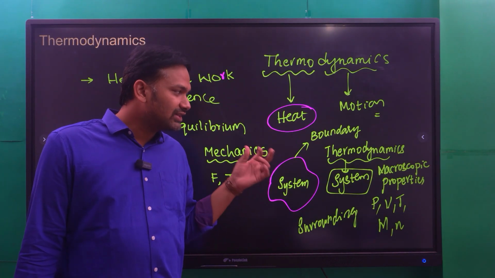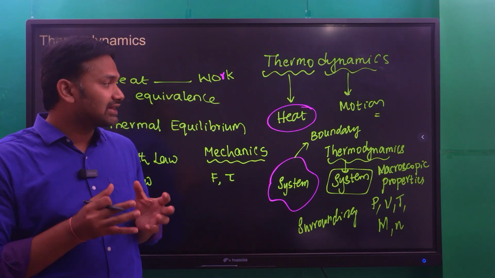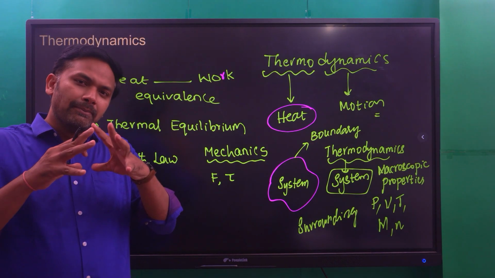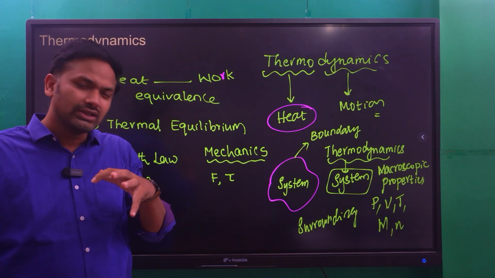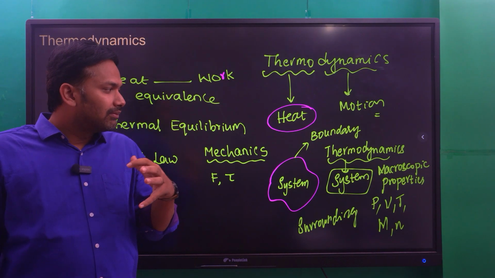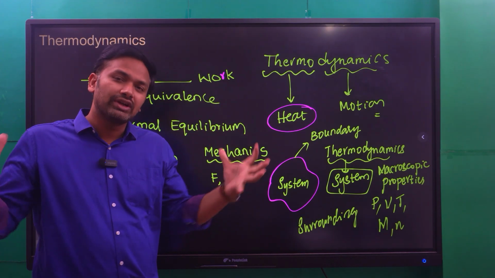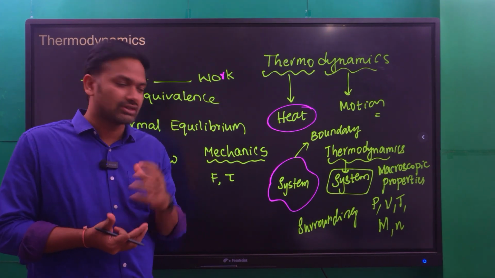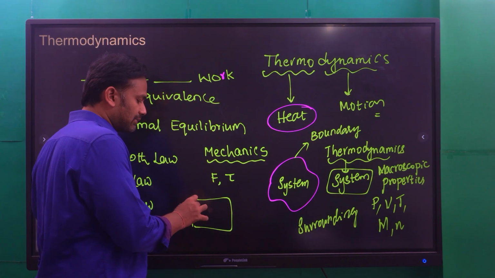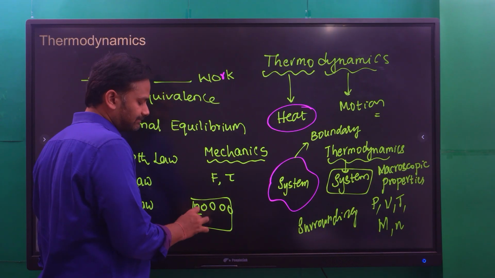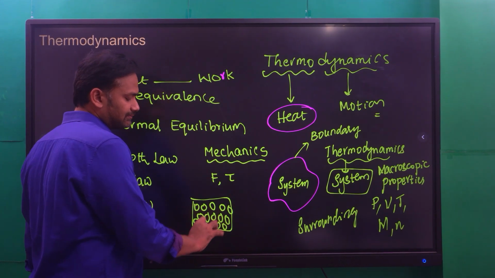So what is the meaning of macroscopic? When we are observing something from the majority, not at the molecular level, we are observing everything combined together. Suppose there is a box, and in it we have particles or molecules.